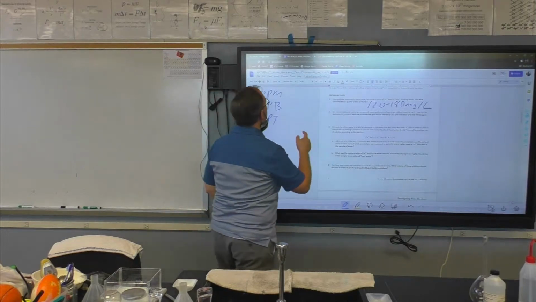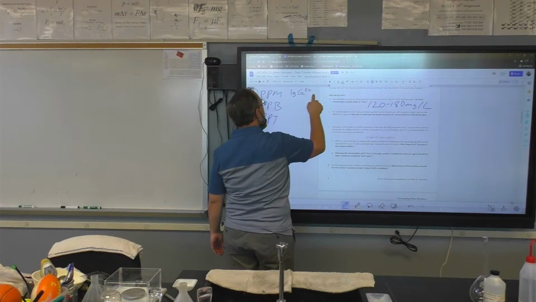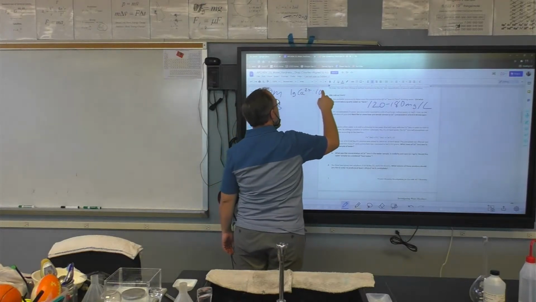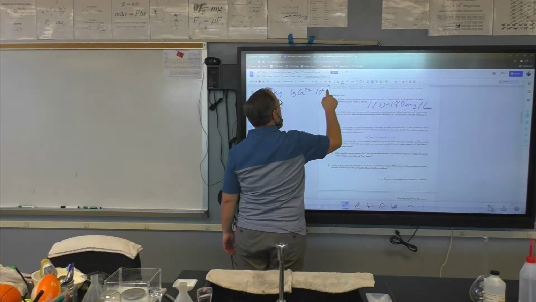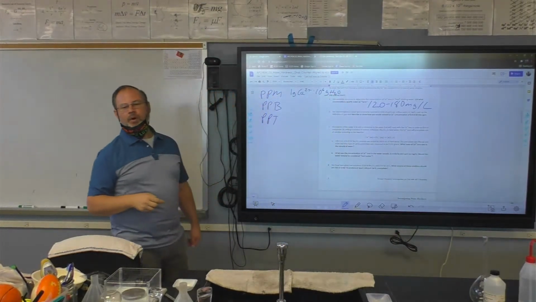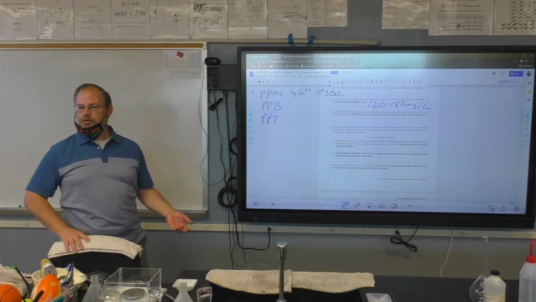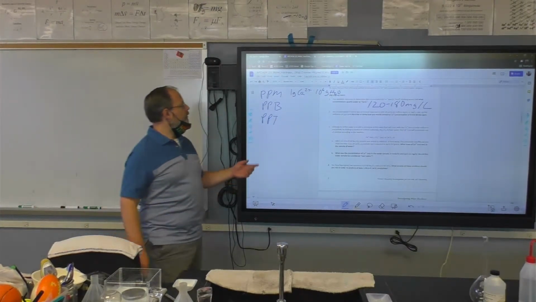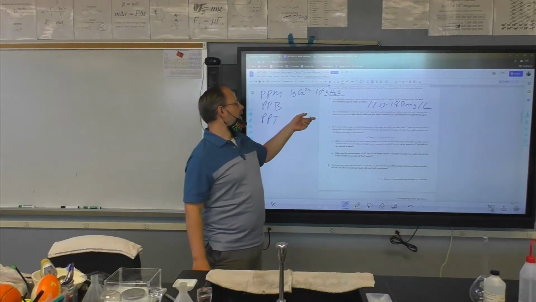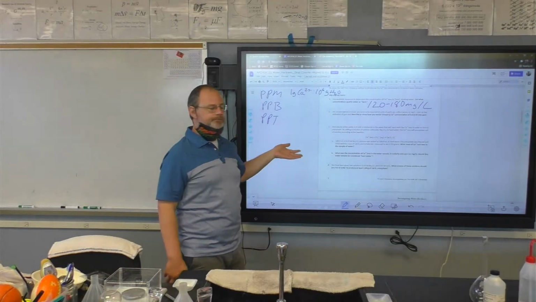So a part per million is 1 gram of calcium 2 plus ion to 10 to the 6th grams of H2O. So 1 gram versus 1 million grams of H2O. And a part per billion would be 1 gram of calcium to 10 to the 9th grams of H2O, and so on. Okay, does that make sense?